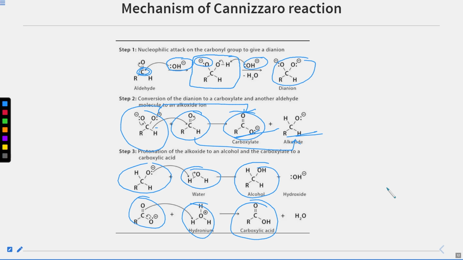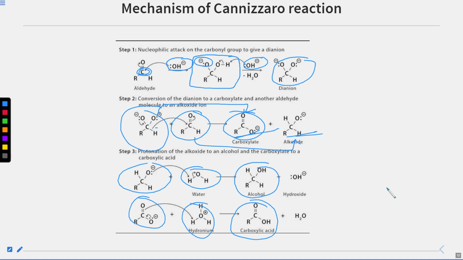Now what happens to the compounds that do not have alpha hydrogen? For that we take other reaction conditions. The change in reaction condition is that we supply extra heat, plus we take concentrated base in place of dilute NaOH. This is the mechanism of the Cannizzaro reaction, and it is a disproportionation reaction because the aldehyde or ketone will be reduced to alcohol as well as oxidized to carboxylate ion.